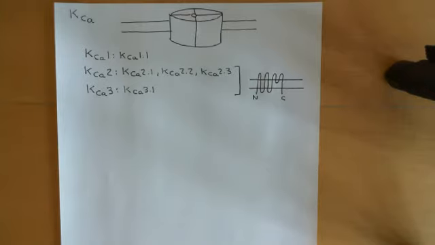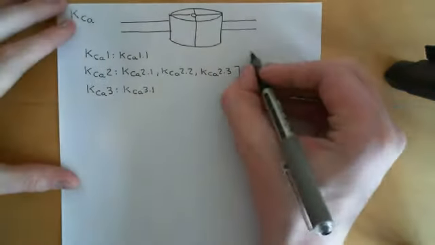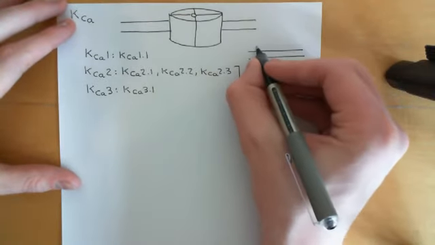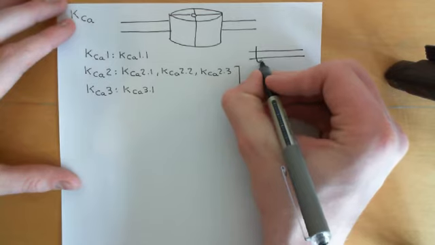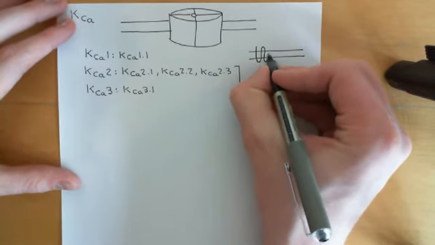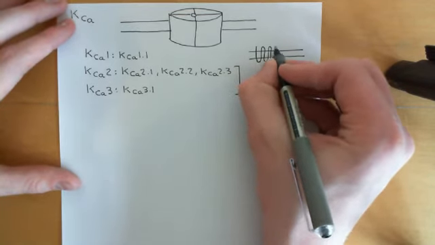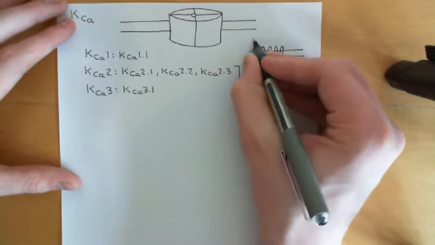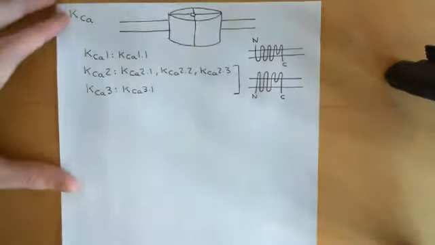However, KCA 1.1 is slightly different. KCA 1.1's membrane-spanning topology looks like so. It actually has the amino terminus extracellularly, and then it's exactly the same. Then you have the 6 remaining membrane-spanning alpha helices with a p-loop in between the 5th and the 6th.